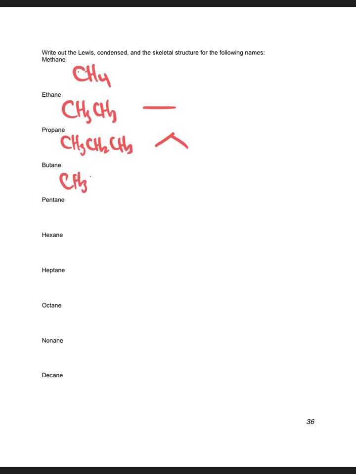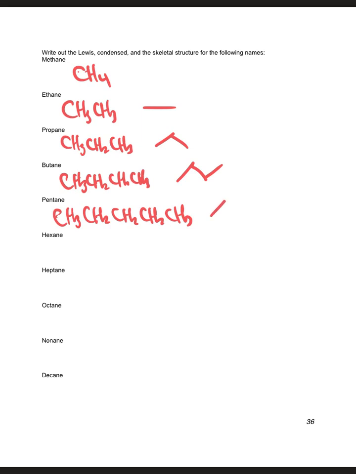Butane, CH3, CH2, CH2, CH3, with 2 points. Pentane is 5 carbons. Hexane has 6 carbons.